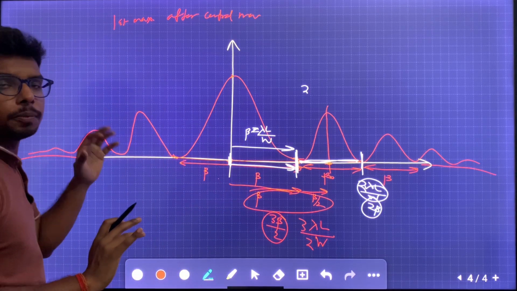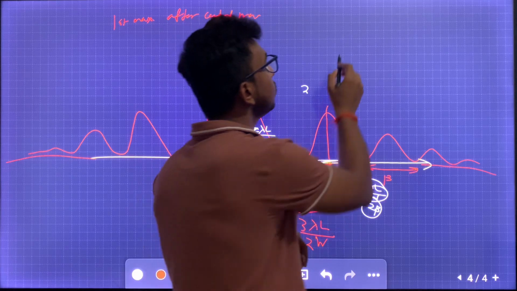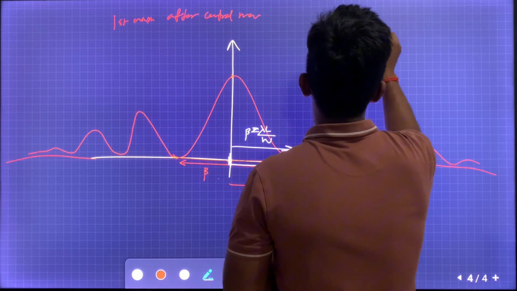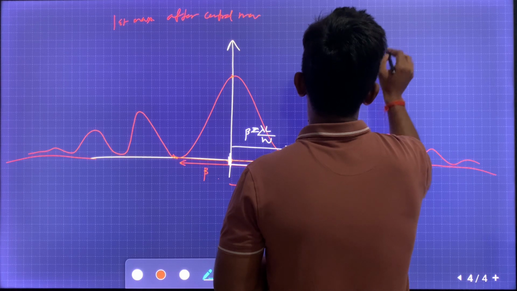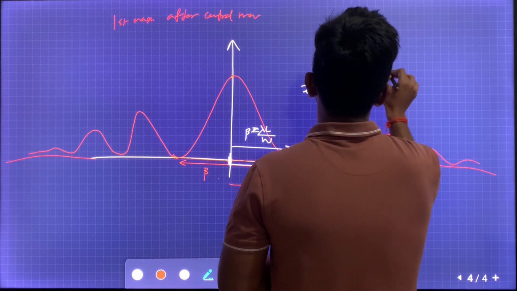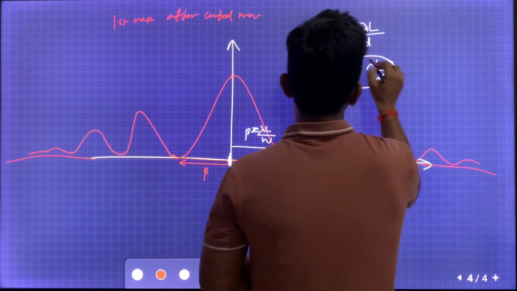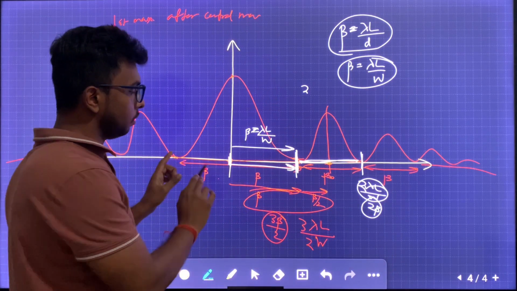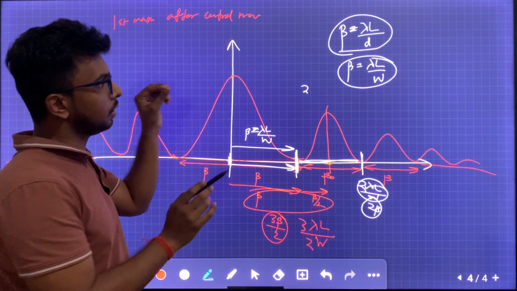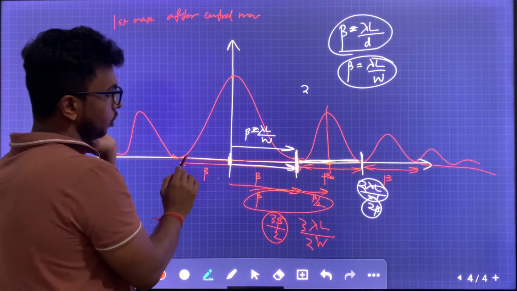The intensity drops and you can solve using a simple component of beta or the simple equation lambda L by D, or instead of D for diffraction it is W. This is the width. If they ask you, we reduce the width of the slit, what happens?